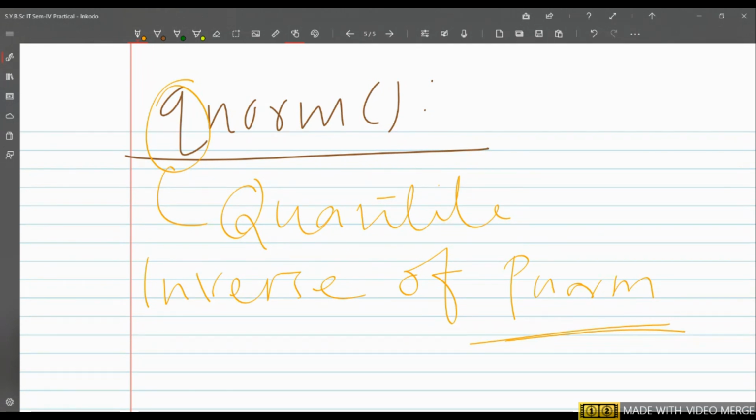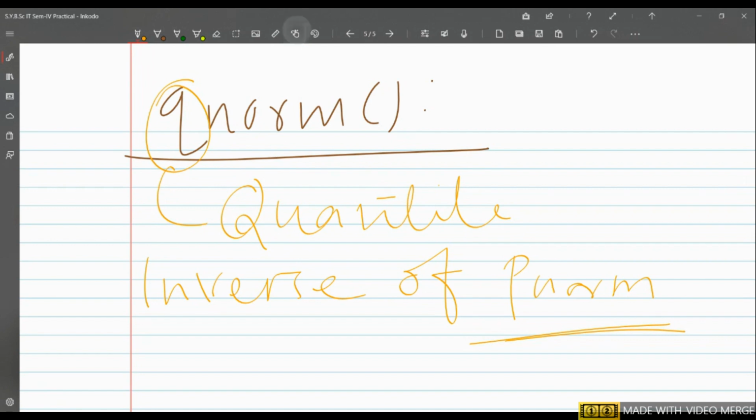Suppose in a data set, by using the pnorm function, I have computed the cumulative distribution function of any number, and I got the cumulative probability. Then by substituting the probability, I can find for which number this probability matches by using the qnorm function.